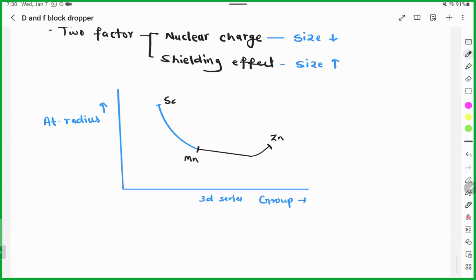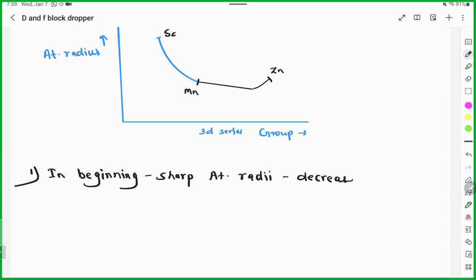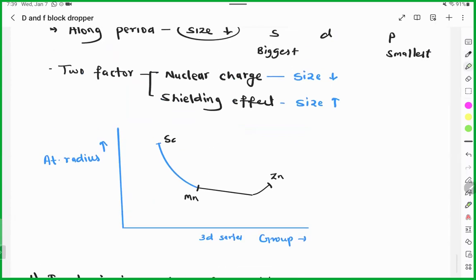Sarah, what could be the reason in the beginning? There is a sharp decrease in the atomic radii. Not sure. So atomic radii is sharply decreasing. One thing is, whenever size decreases, the main reason is the nuclear charge.